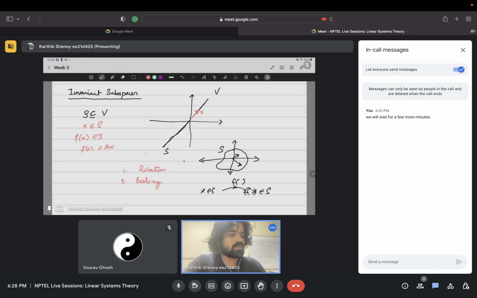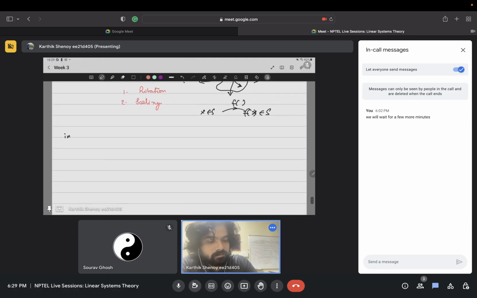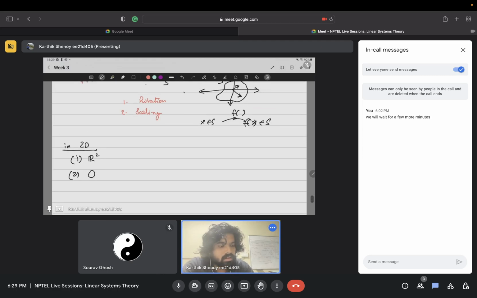So for this eigenvector, eigenvalue case in a two dimensional space, the invariant space is this line. In 2 dimensions there can be only 3 possibilities. One is R2 itself, the second is the zero origin. It's possible, right?